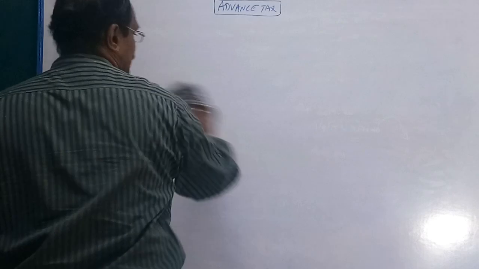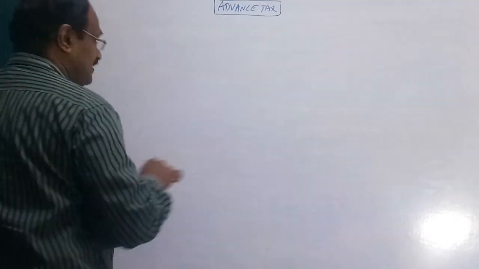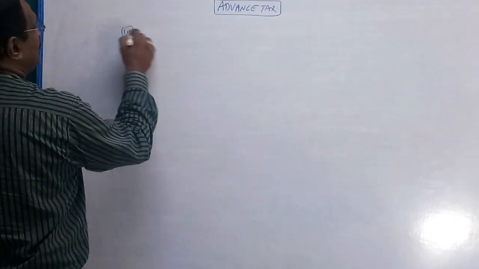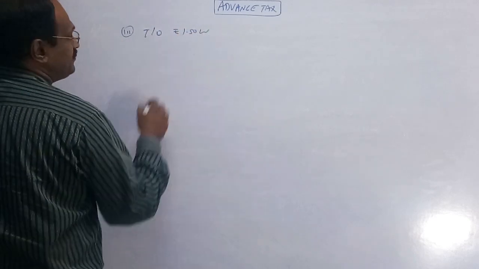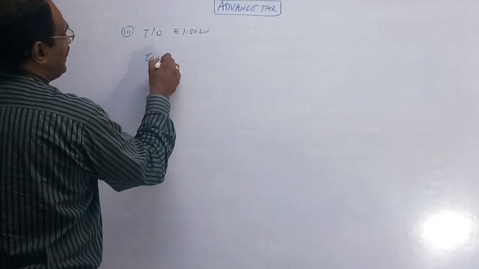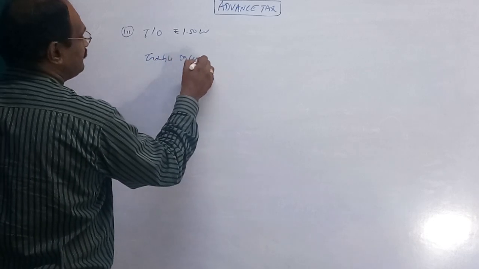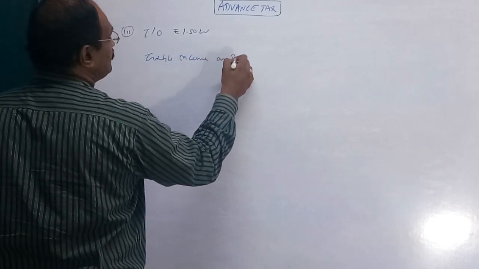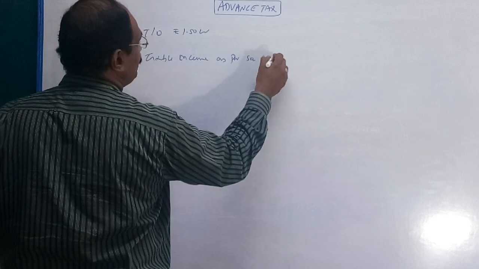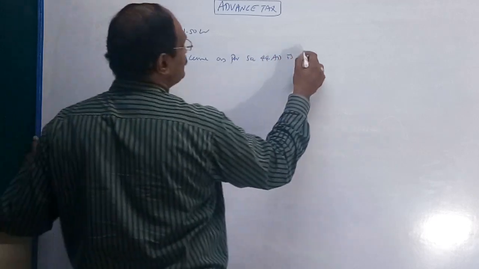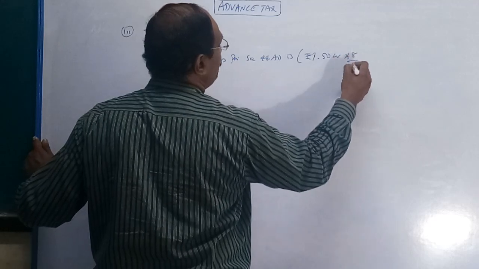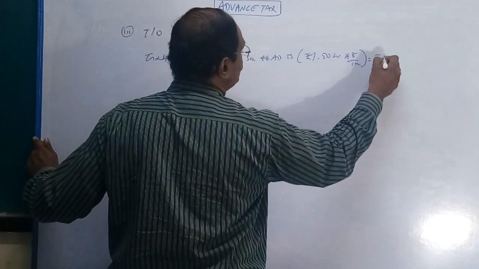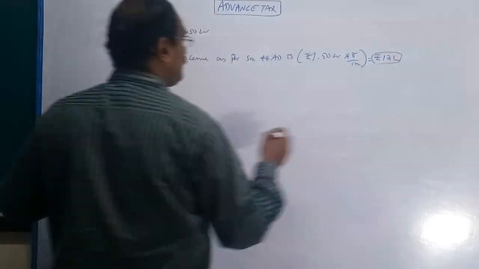Listen. Case 3. Turnover 1.5 crores. So taxable income as per section 44AD is 1.5 crores into 8%, that gives 12 lakhs.